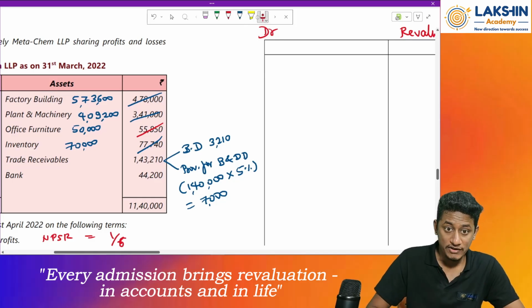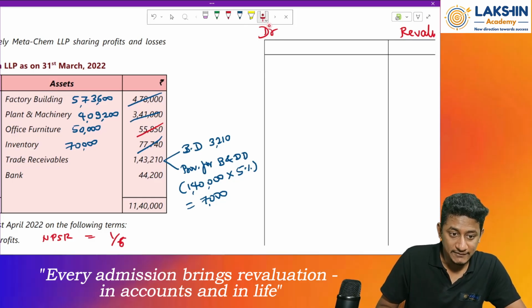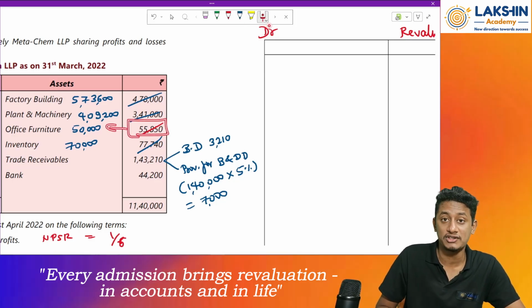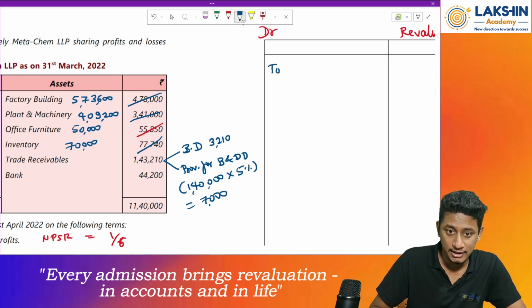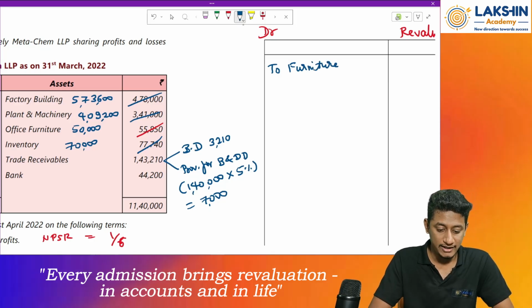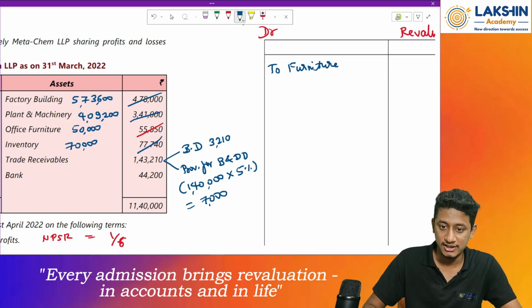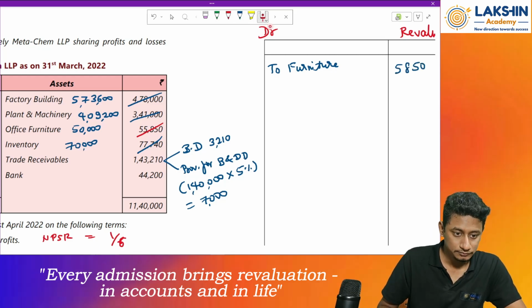Next, office furniture. So from 55,850 it has reduced to what? Rupees 50,000. That means it has reduced. That is a loss. So on the other side, to furniture. 55,850 minus 50,000. That is 5,850.